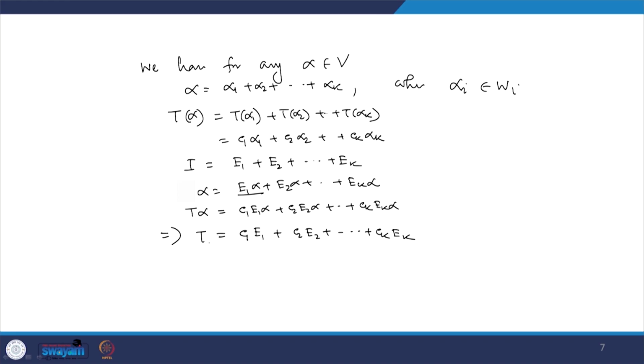Okay. So, this is the new feature I am getting, that the operator T can be written as C1 E1 plus C2 E2 plus Ck Ek, please. Previously, when T is not diagonalizable, I can only write down the identity operator as the sum of projection operators E1 to Ek.